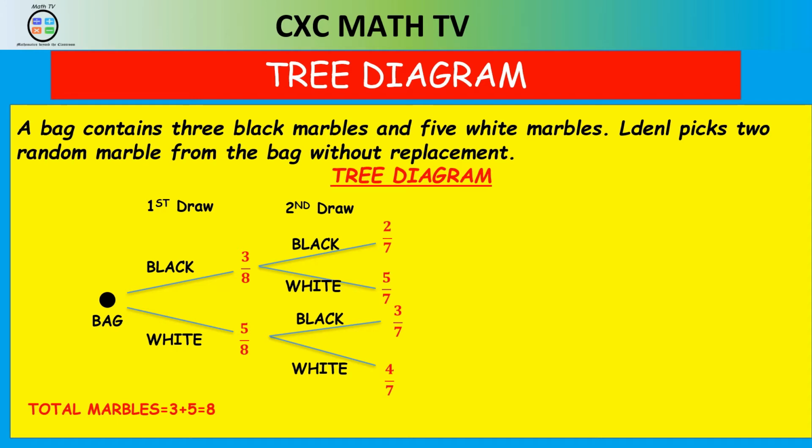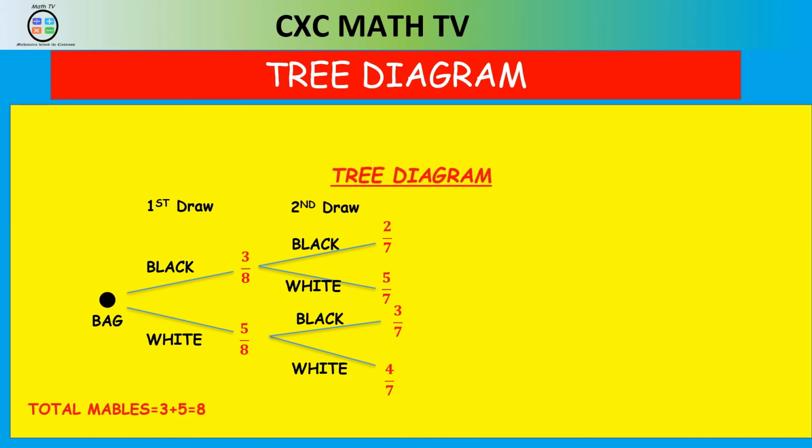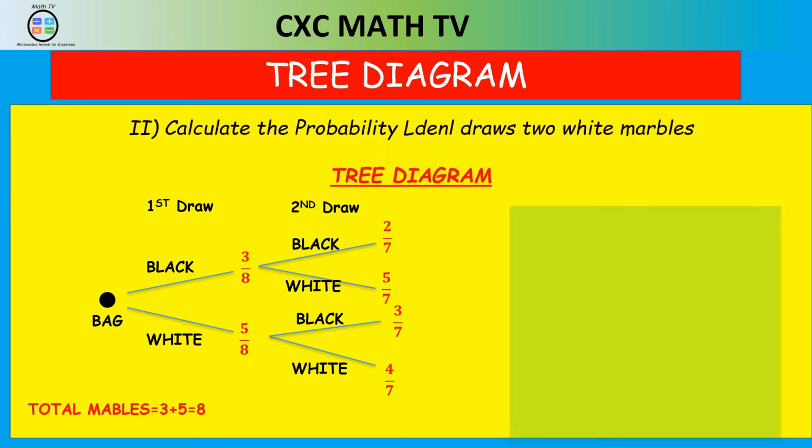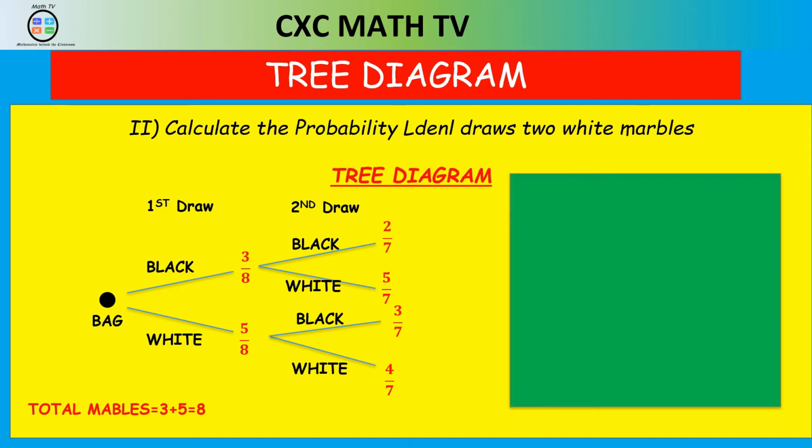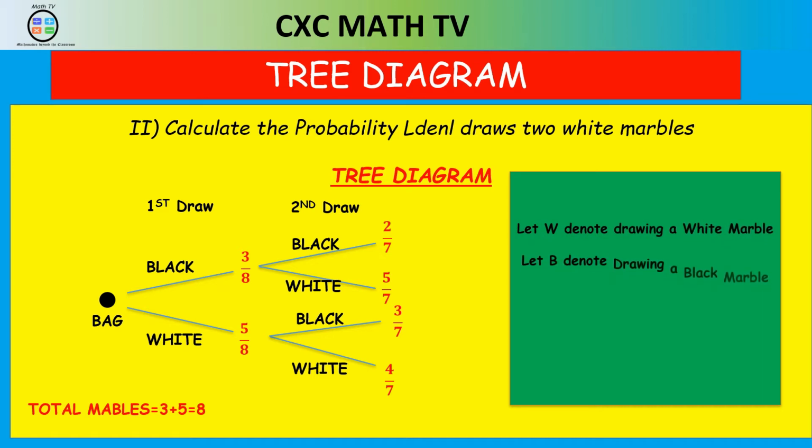So now let's look at the question. The question said calculate the probability Lendl draws 2 white marbles. We can let W denote drawing a white marble, and B denote drawing a black marble. So we want to find the probability of Lendl getting 2 whites, that is WW.